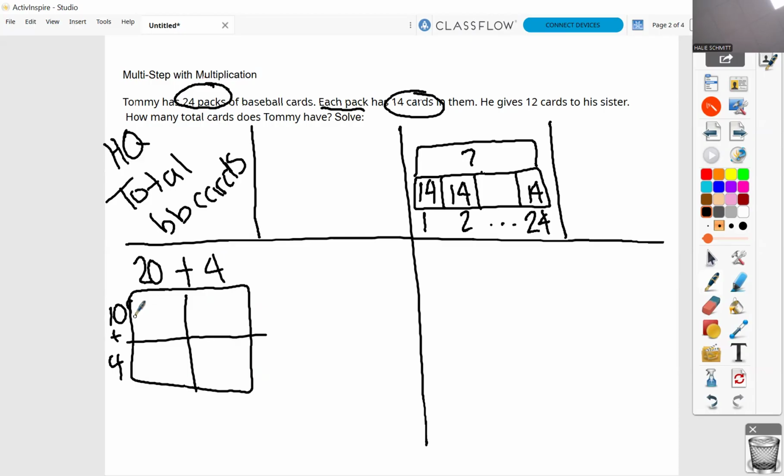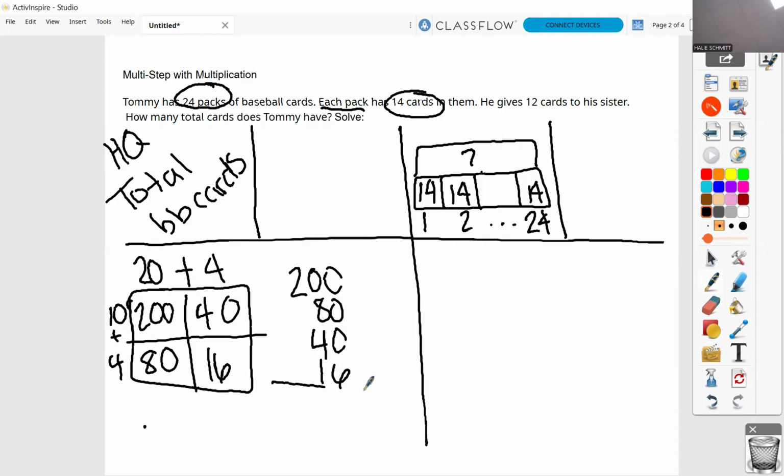The only reason why I'm doing this shorthand is because we've solved it in the previous problem. And we figured out that when we added it, we had 336 baseball cards. We're not done.